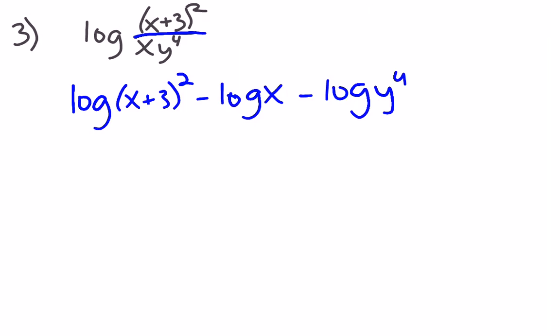Once again, you could put parentheses and put plus in between the x and the y to the 4th, but I like to do it just both subtraction. Now I'm going to look for any exponents that I can bring to the front. So I have a squared that I'm going to bring to the front, and that 4 that I'm going to bring to the front in the next line. So 2 and 4. And then I copy down everything else I have, and we're good to go.